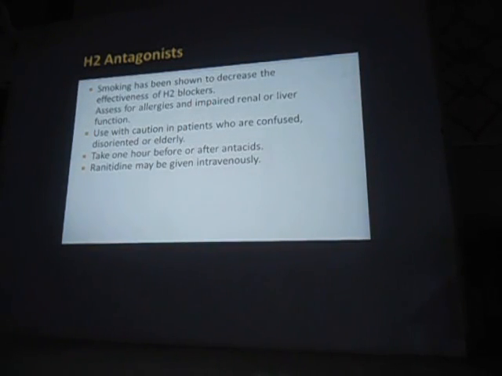With H2 antagonists, we need to take care of smoking. Use with caution in patients with confusion and disorientation. This is prominently stated with respect to cimetidine when it was used intravenously, because of mental disturbance. We also know that antacids and ranitidine should not be used together, as one will suppress the absorption of the other.